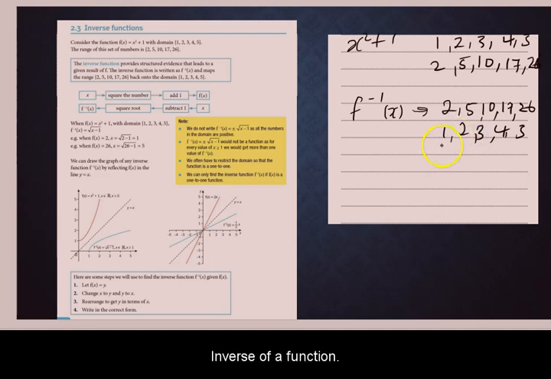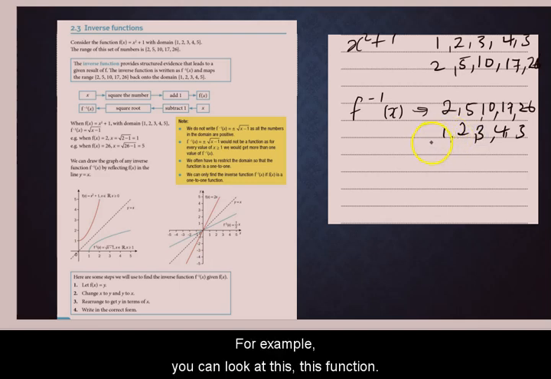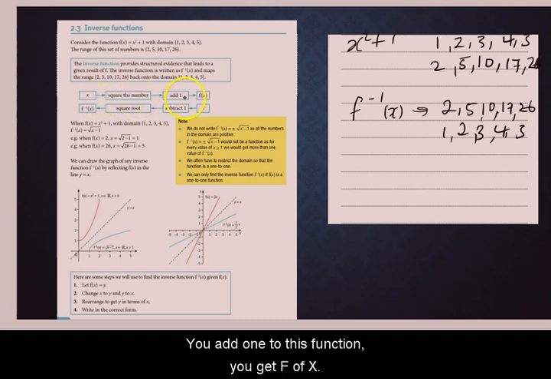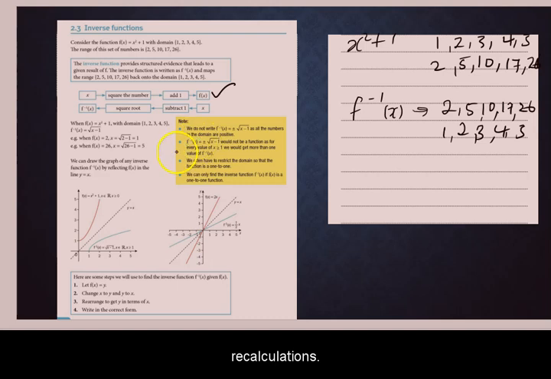Inverse of a function. For example, you can look at this function. So we have x, square the number. You add 1 to this, you get f of x. Later on, it becomes more clear as we dive into calculations.